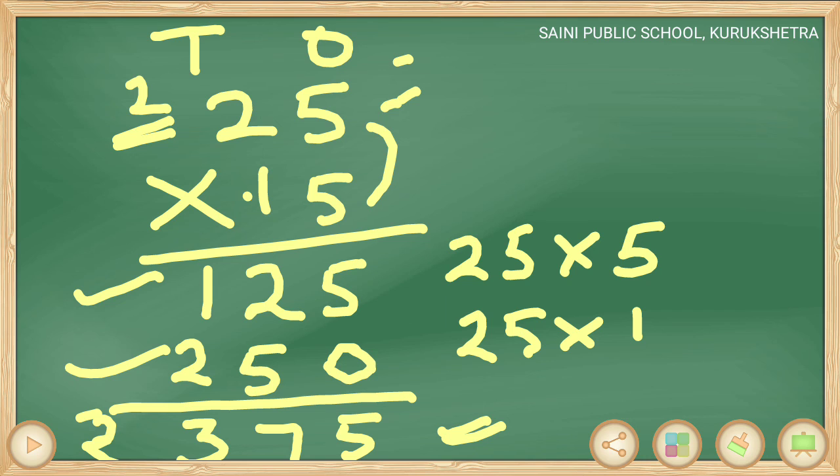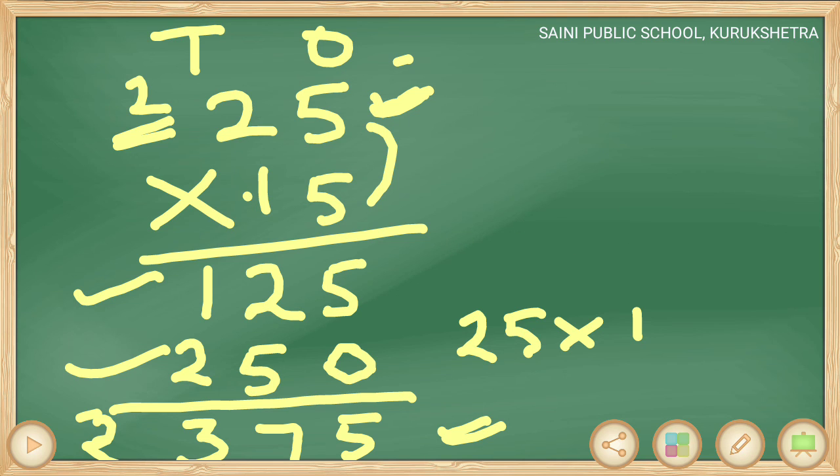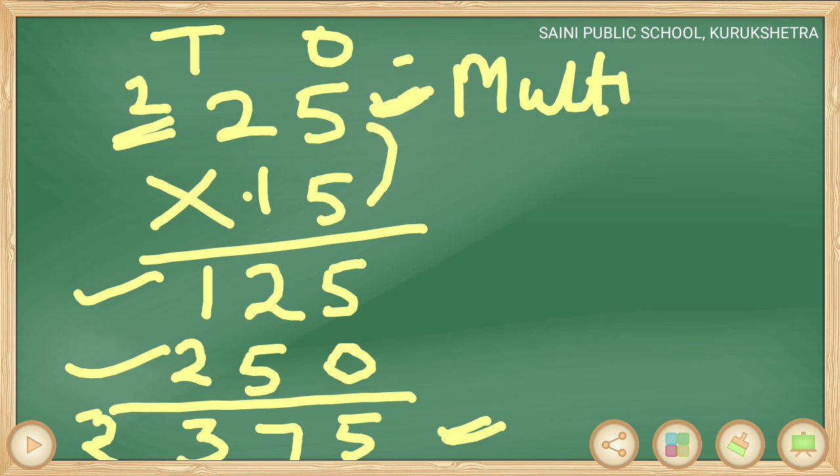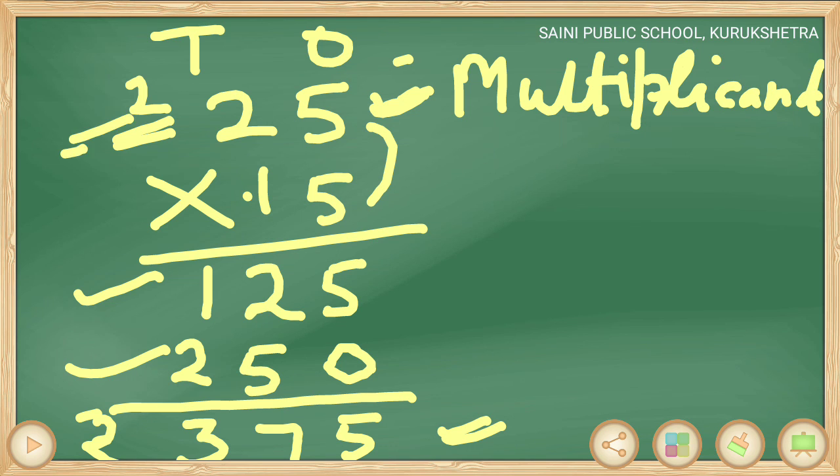Okay. Now in this question what is 25? 25 is the multiplicand, as I have told you in the previous lecture. What is multiplicand? Multiplicand is the number which is to be multiplied, the number we want to multiply.